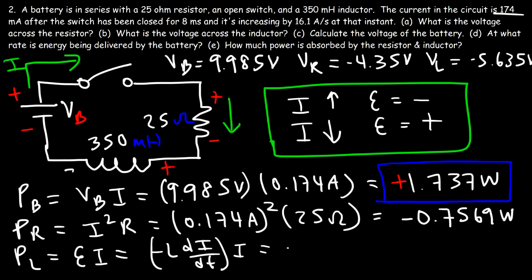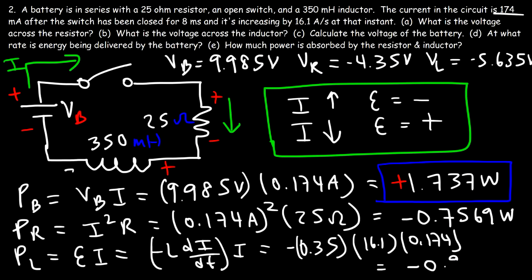So it's going to be negative: L is 0.35 henries, di/dt is 16.1, and the current is 0.174. So negative 0.35 times 16.1 times 0.174. This is going to be negative 0.98 watts.